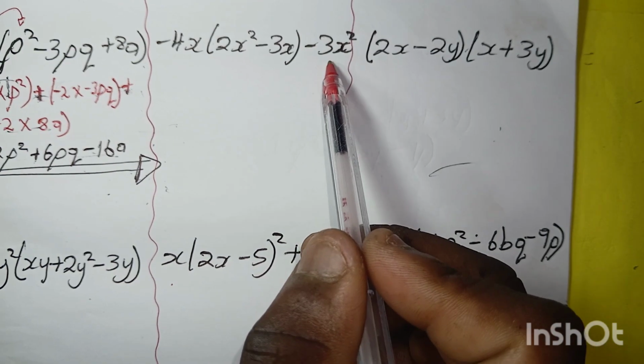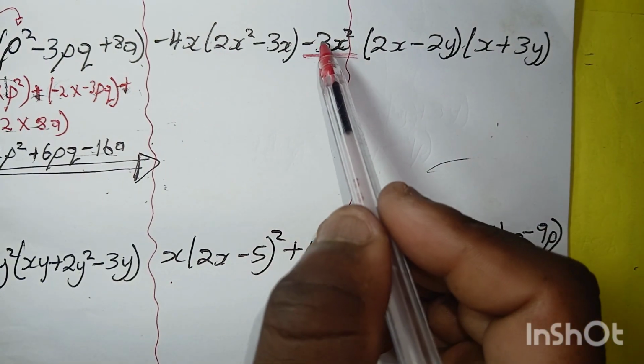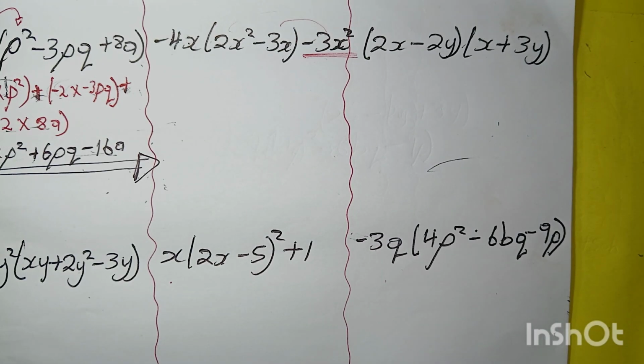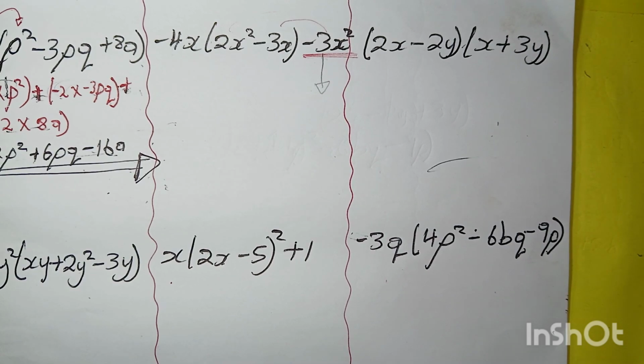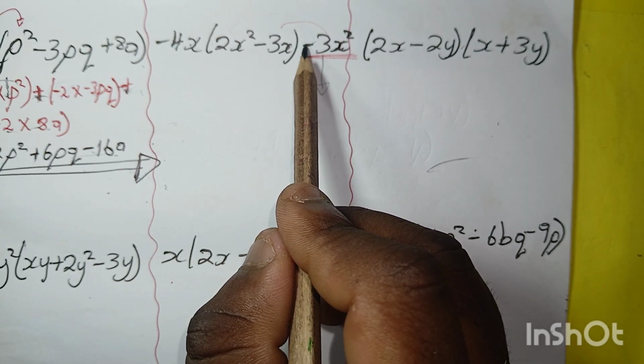Tell me, what will happen about this 3? Is this 3 going to multiply inside here, or is this 3 just going to go down? Okay, so for this 3, guys, it's been separated by minus. Do you understand?